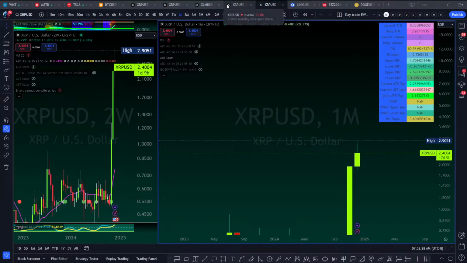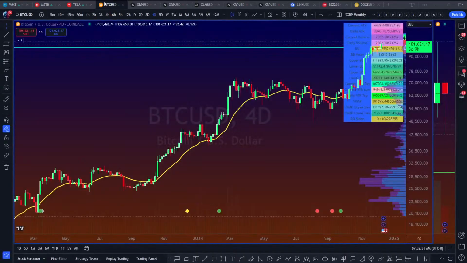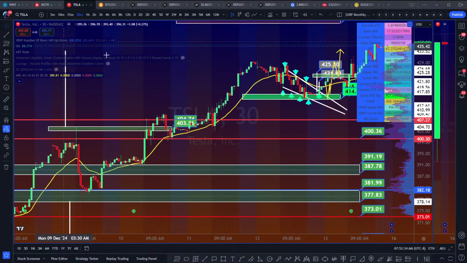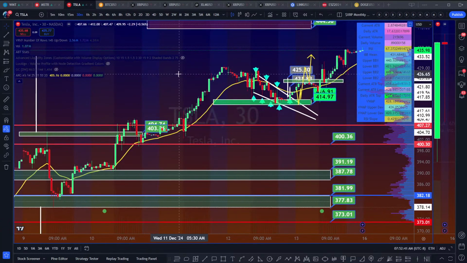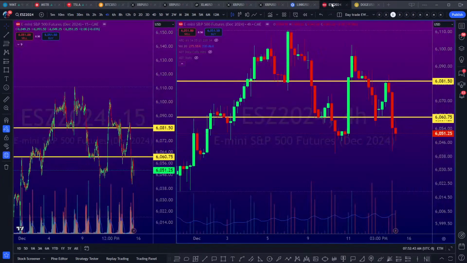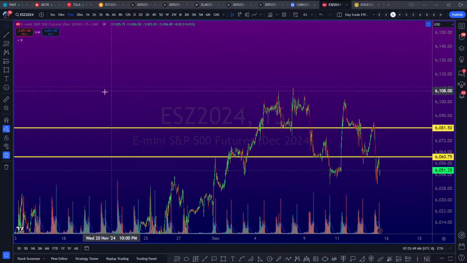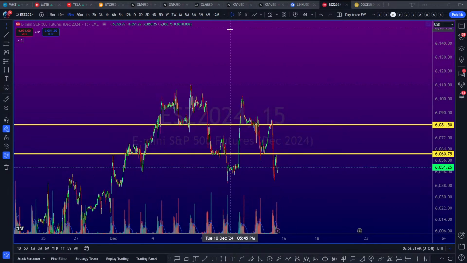So there's an indicator, maybe this can help. It's a Lux Algo indicator, and it's a volume profile with node detection.